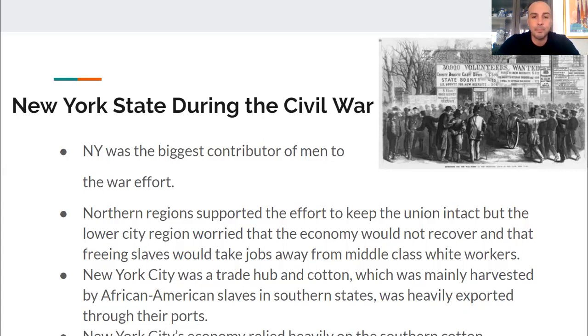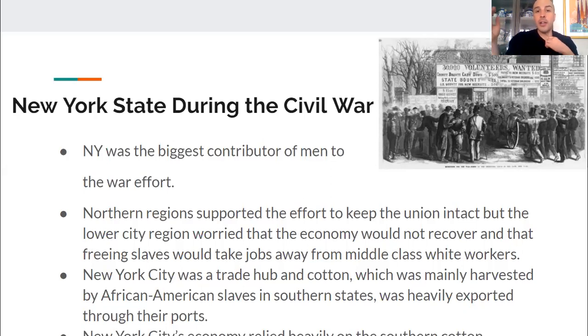from New York State. The northern regions of New York supported the effort to keep the Union intact, but strangely, the lower city region around New York City worried that the economy wouldn't recover and that freeing slaves would actually take jobs away from middle-class white workers.